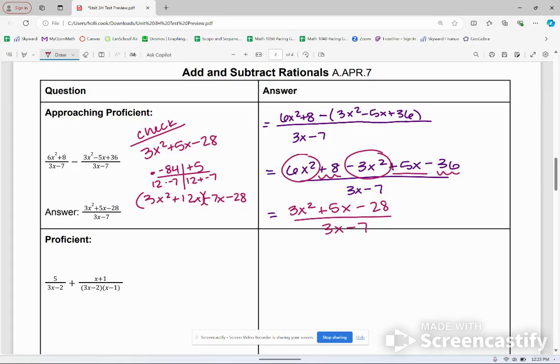And then we can do our factoring. Pull 3x out, so we have x plus 4. Pull negative 7 out, x plus 4. So on top, we end up with 3x minus 7 and x plus 4.